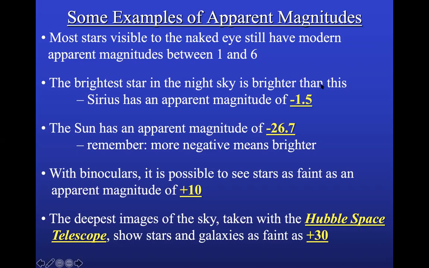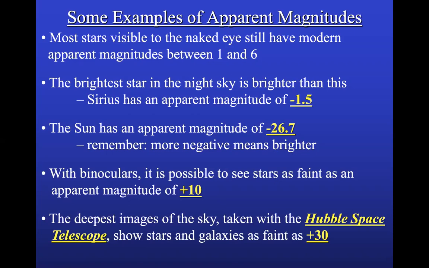Now you know that the brightest star in the night sky is brighter than this, right? Because on the magnitude scale, 1 is not the end; it can also go beyond that to the negative side. It can be minus 1.5, like that. For example, Sirius, one of the stars that you can see up in the sky, has an apparent magnitude of minus 1.5.